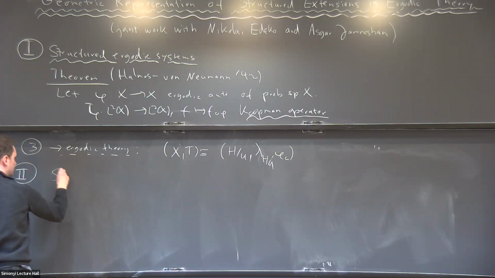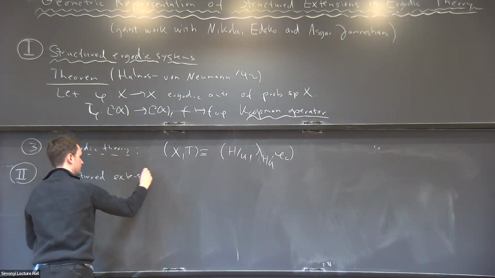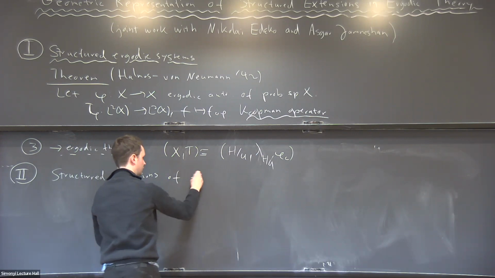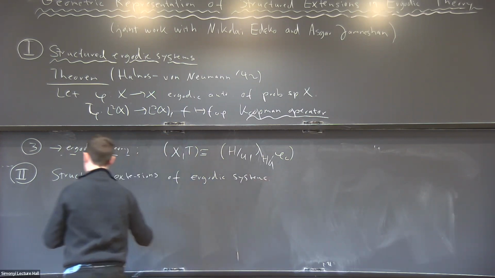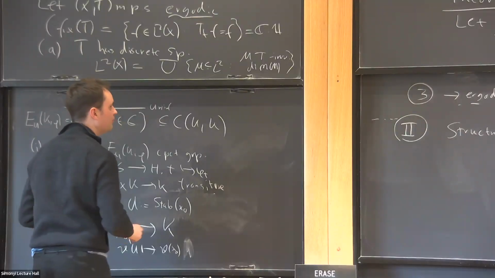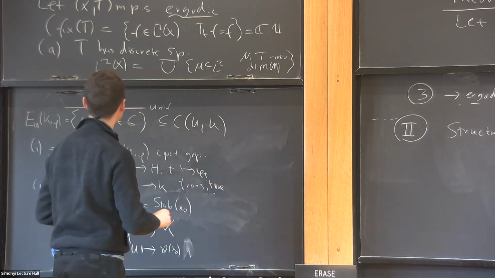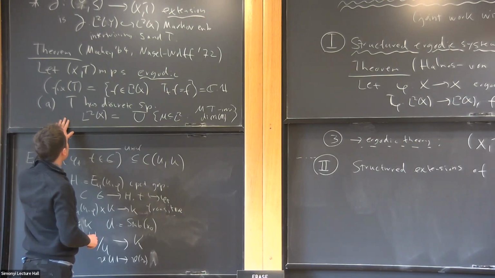So now we turn to structured extensions of ergodic systems. When you define this extension in this operator theoretic language, it is L2(Y) to L2(X), or is it the other way around? That map is the orthogonal projection, or the conditional expectation.